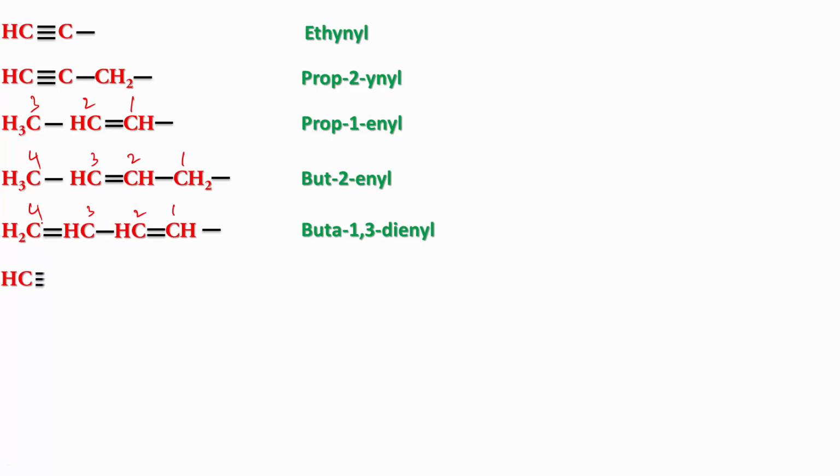Try this. 1, 2, 3, 4, 5. And this becomes pent-2-en-4-ynyl.